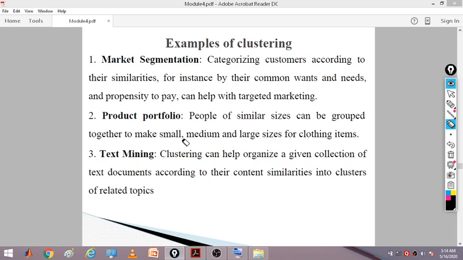Like that, we also have text mining. Clustering can help organize a given collection of text documents according to content similarities into clusters of related topics. This can help you analyze social media, for example, if you put up a survey and want to see what kind of communication is going on among the people. If you divide that according to particular text, you can easily come out with what kind of thinking exists on a particular topic, about a particular region of people.